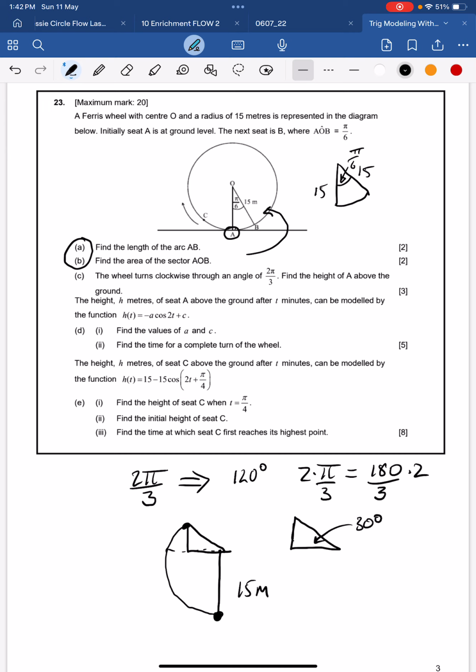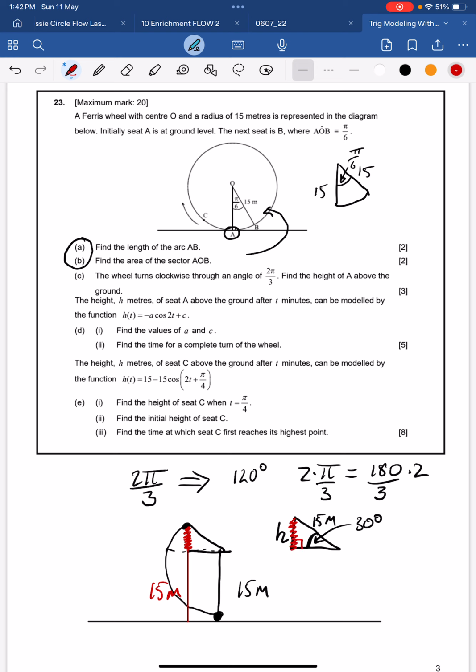Now this is 15 because it's a Ferris wheel arm, and I'm going to try and find this little h here, and then I'm going to show you why that's important. There's the ground level, and what I'm trying to do is find the height above the ground. So the height above the ground is going to be 15 meters plus this extra piece here, from the right angle triangle.